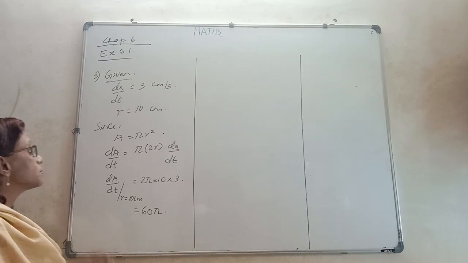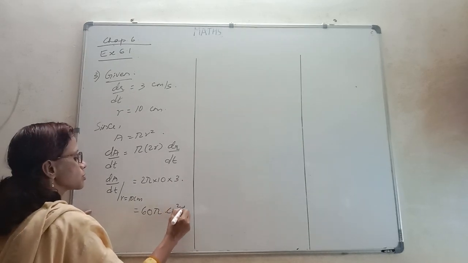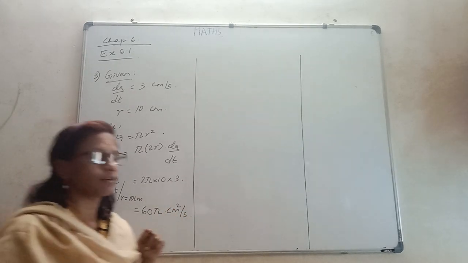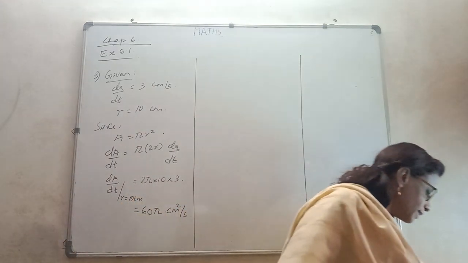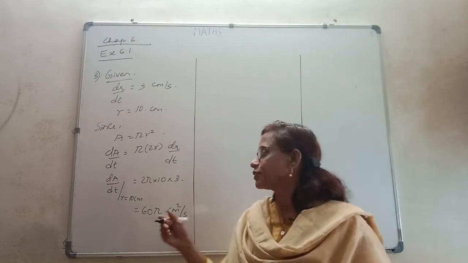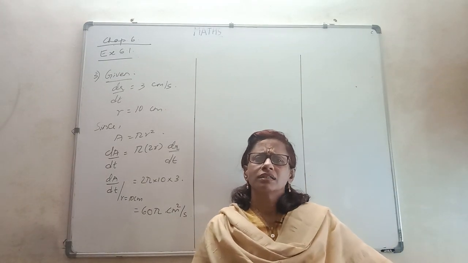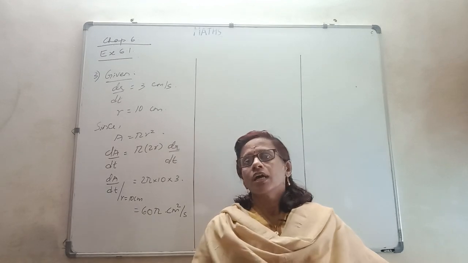Because it is dA by dt, the unit will be centimeters squared per second. The rate at which the area of the circle is increasing is 60 pi centimeter squared per second.